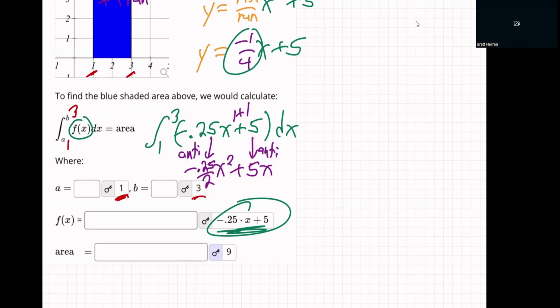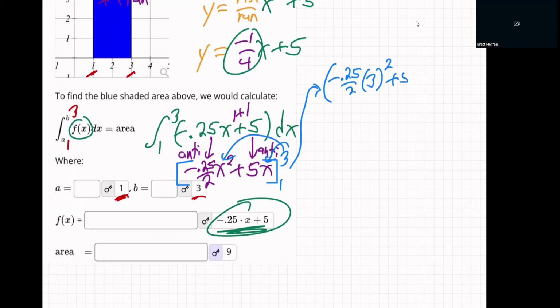Okay, and now we're going to evaluate that between 1 and 3. So I'll bring it up here. That means we're going to take that whole function, minus 0.25 over 2, 3 squared. I'm going to plug in the 3 there and there. That's 5 times 3.